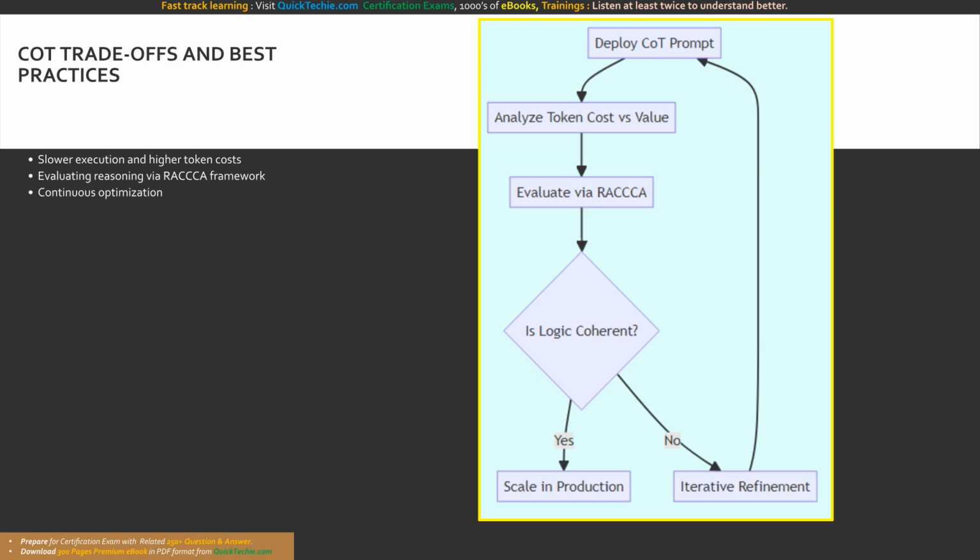Does the argument follow a logical sequence? Are there contradictions in the intermediate steps? If so, you must iteratively refine the prompt, perhaps by providing more precise few-shot examples or utilizing meta-prompting techniques to correct the behavior. Excitedly, mastering COT allows you to unlock the true cognitive potential of foundation models.